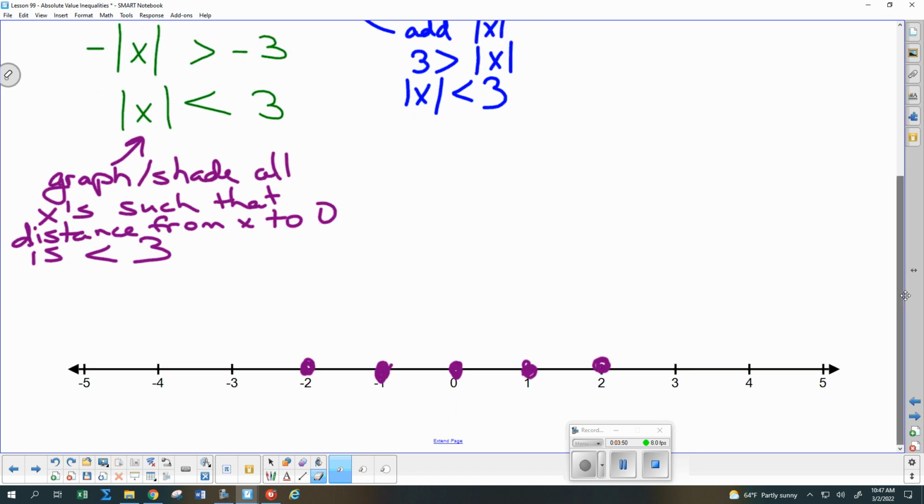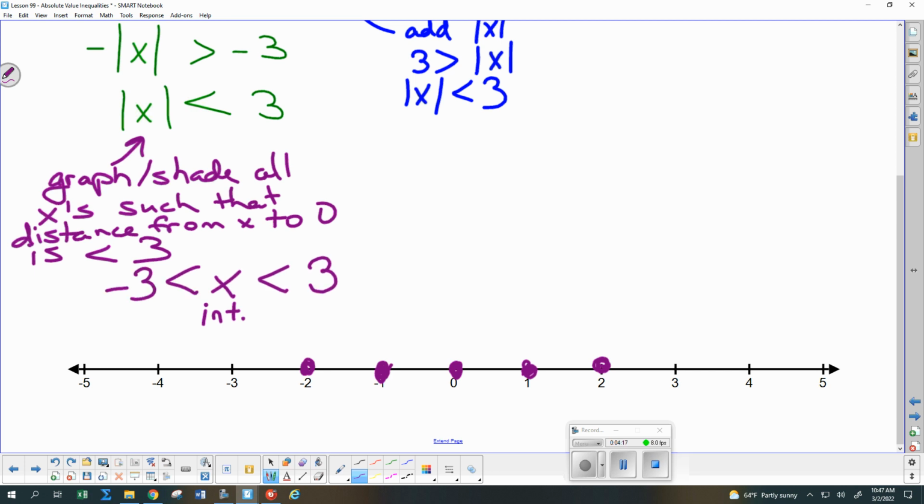Okay, now that looks kind of like one of those conjunctions to me, doesn't it to you? We were doing conjunctions the other day, right? Doesn't that look to you guys like we just shaded all of the integers that were less than 3 and greater than -3?